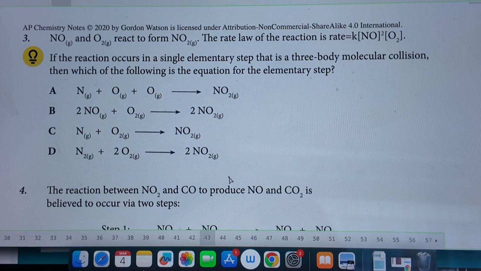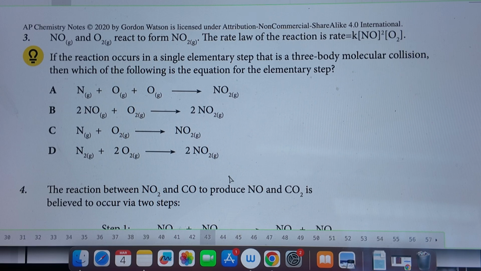Which is the step for the elementary? So we know the rate law, NO squared and O2. The problem here is that the reaction says it's going to be a single elementary step and a 3-body collision.